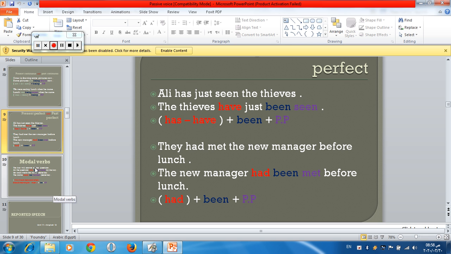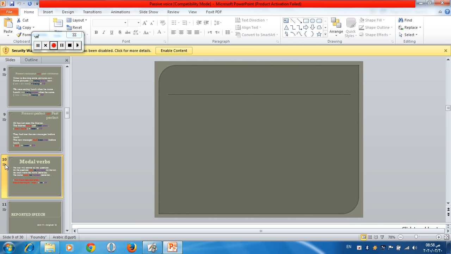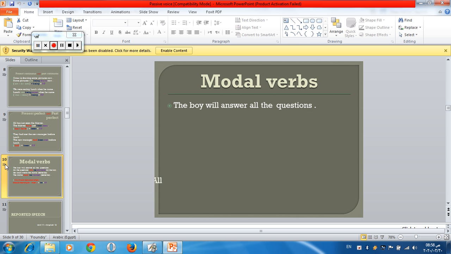What about modals? Like, who can tell me? Yes: can, could, will, would, shall, should, may, might, must. All these verbs we call modal verbs. For example, the boy will answer all the questions.